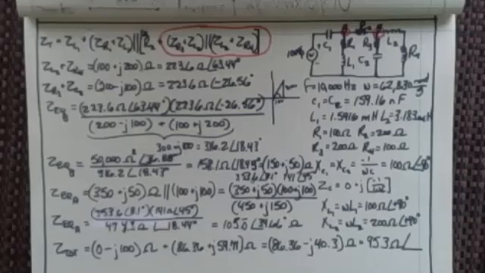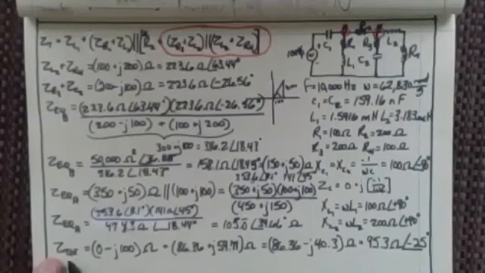And then if I take the inverse function, that's going to tell me it's at minus 25 degrees. And in fact, it's minus 24 or 25.0, so it's very, very close. So in the end, we get 95.3 ohms at minus 25 degrees.